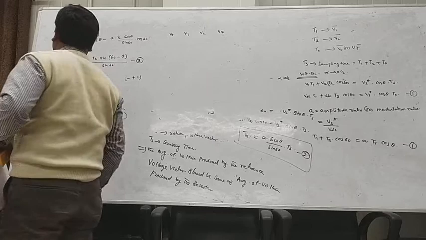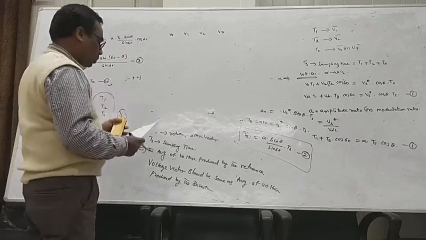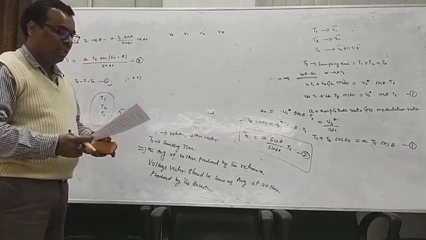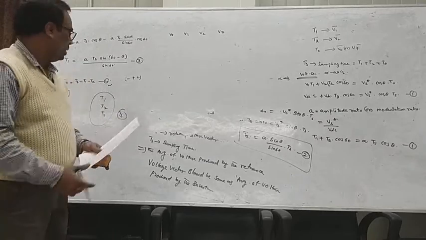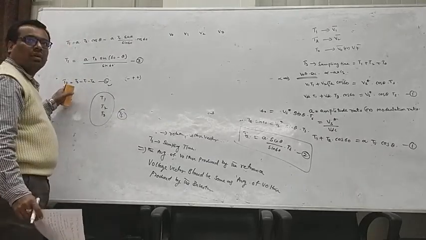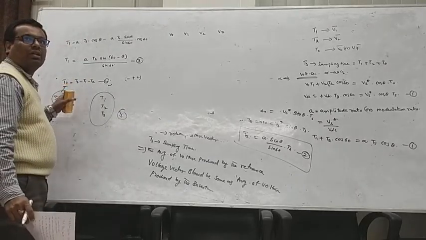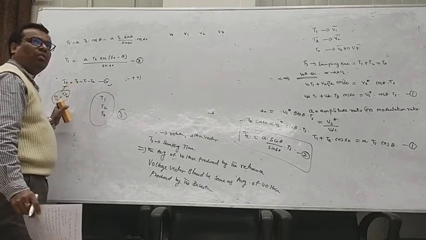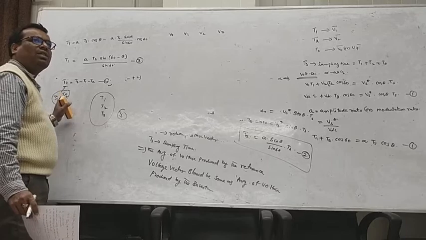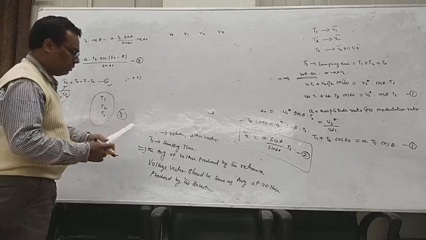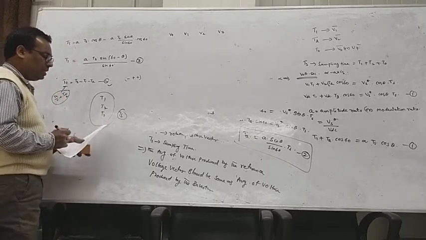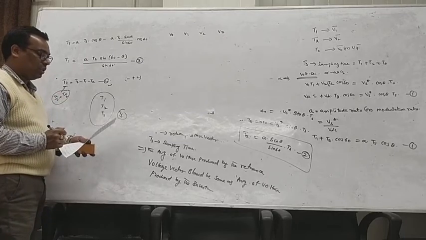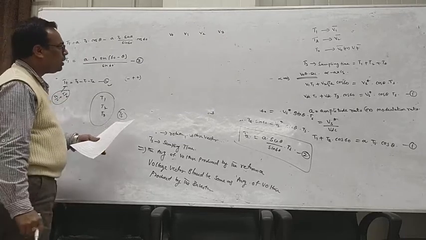Why am I splitting? To minimize the number of switchings in the inverter. The zero vector is divided into two sampling times, T0 by 2 and T0 by 2, to minimize the switching components.